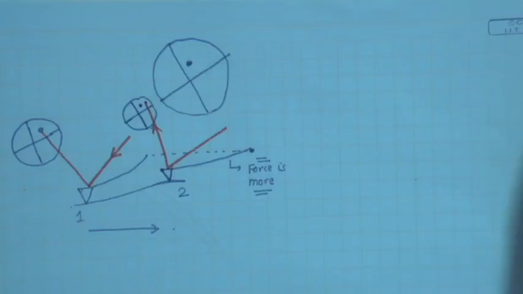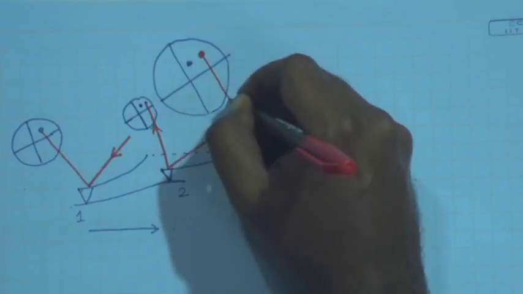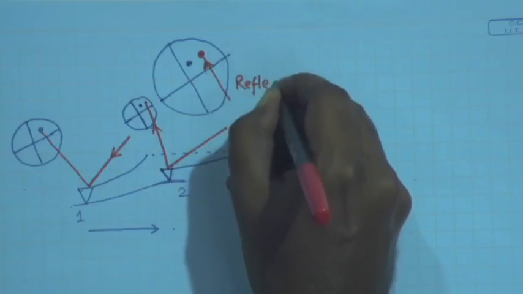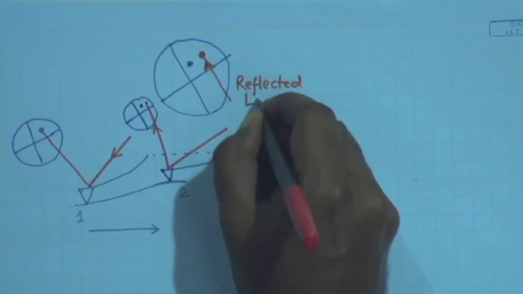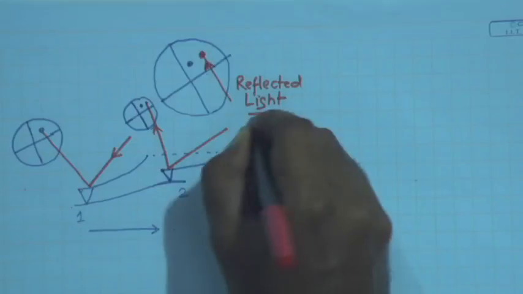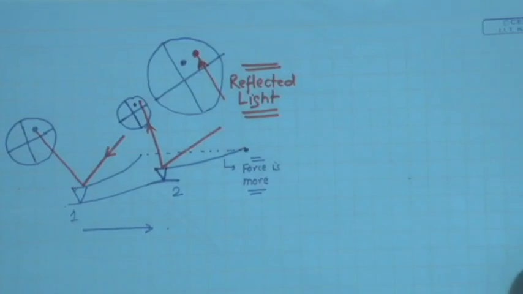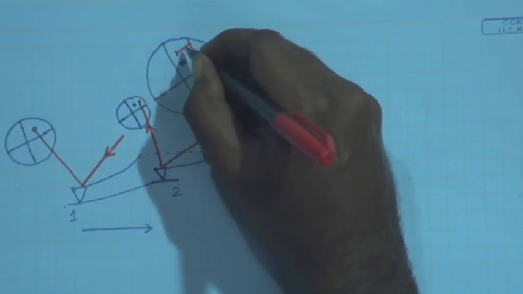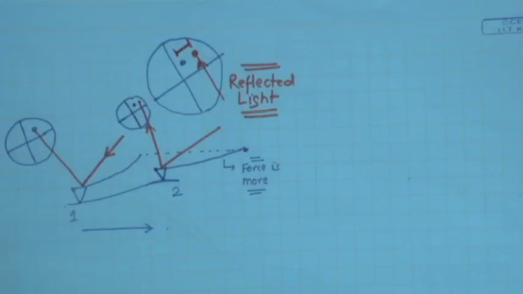This was my set point, and this is where reflected light is falling. So, what do you have? You in fact have an error. What is the error? The difference in the voltages between these 2 points.